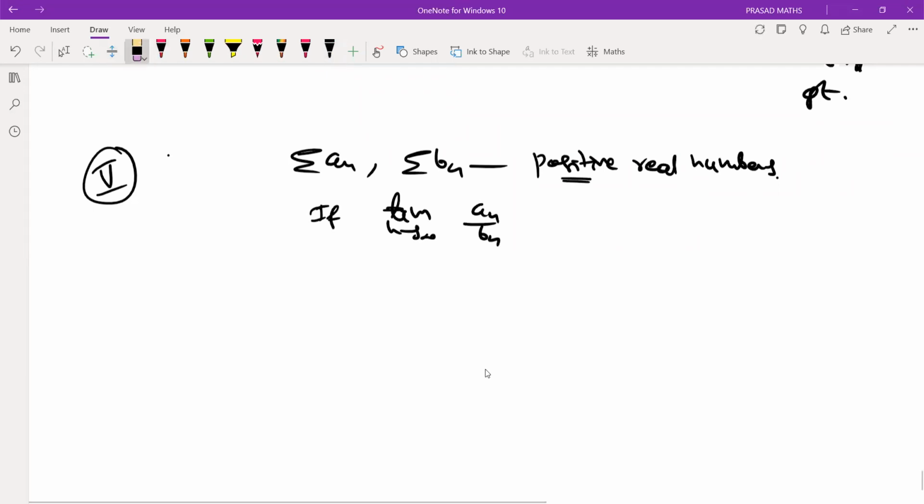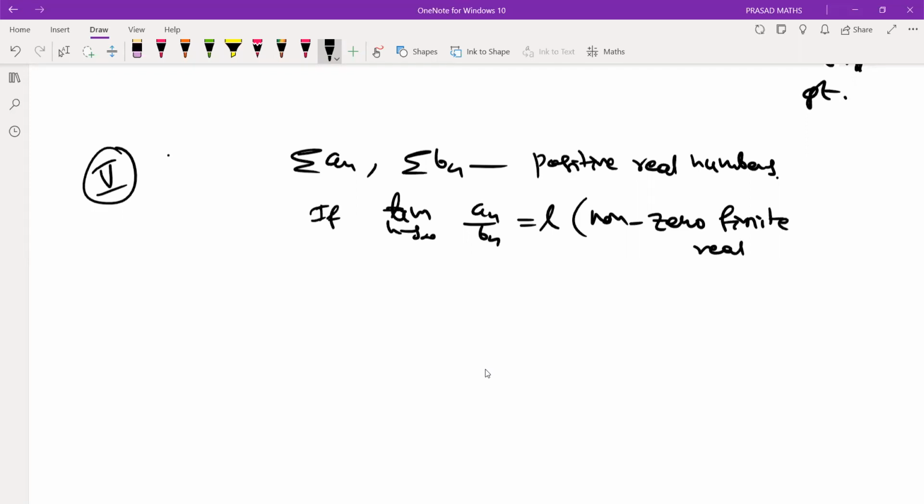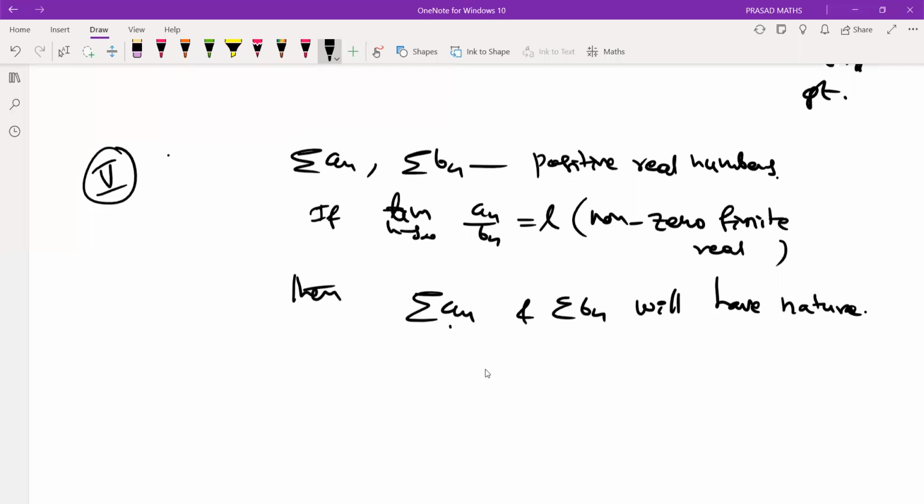Suppose the limit is L, a non-zero finite real number, not infinity, because if infinity the result changes. Then both series have the same behavior. That is, if summation an is convergent then summation bn is convergent, and if summation bn is convergent then summation an is convergent.